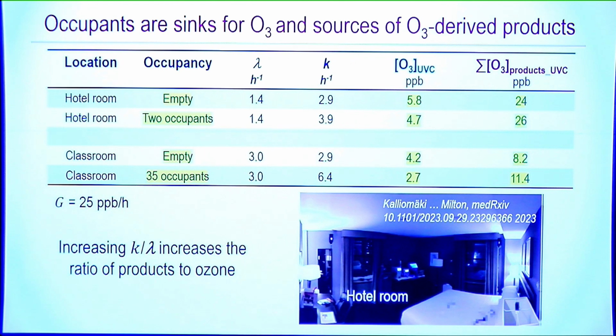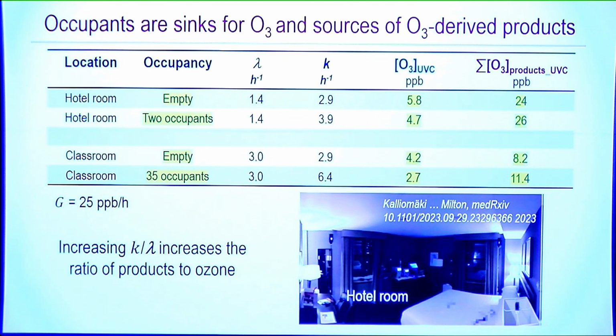The air exchange rate I've used is 1.4 air changes an hour. The net rate constant for ozone removal I've used is 2.9 reciprocal hours. If the hotel room is empty, which it was in those experiments, then we can use those equations I showed you earlier to estimate the ozone resulting from UVC at about 5.8 ppb.